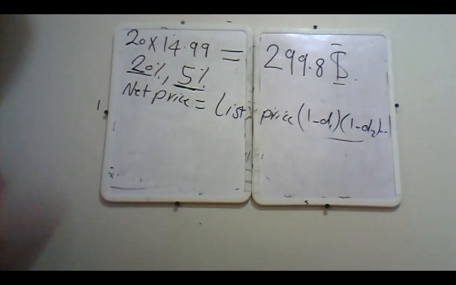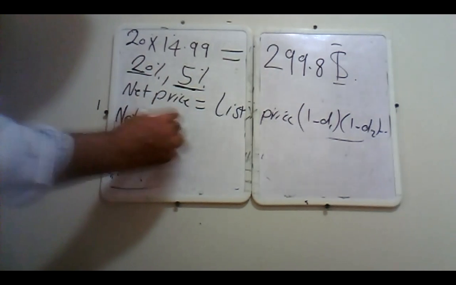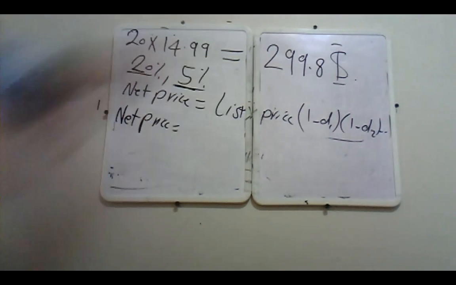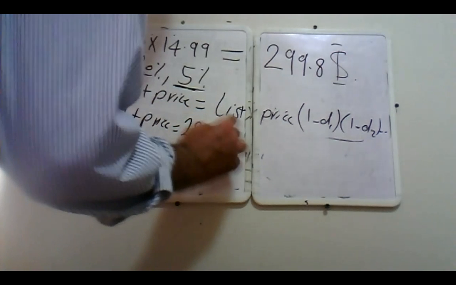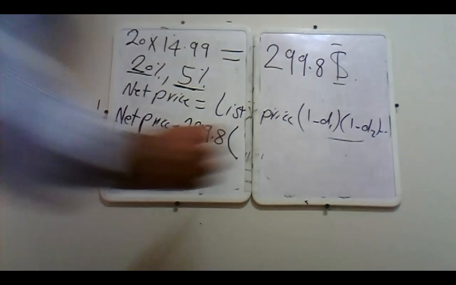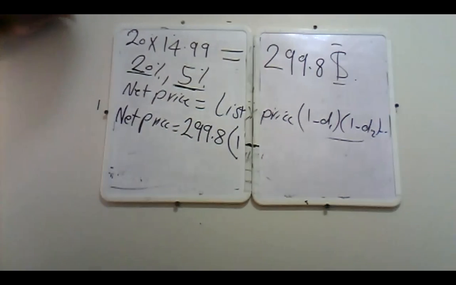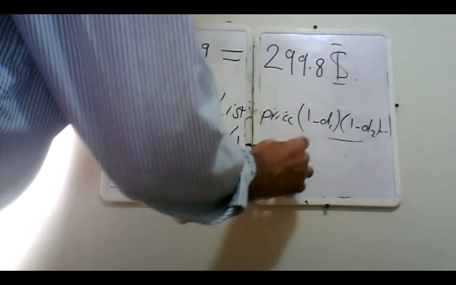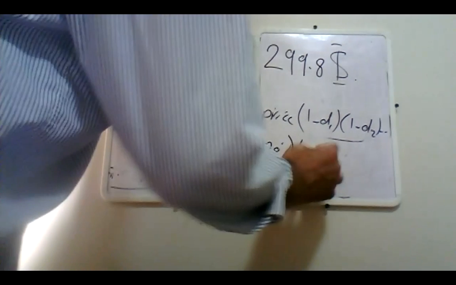No problem. Then net price equals the list price, 299.8, multiplied by 1 minus D1, which is 20%, multiplied by 1 minus D2, which is 5%.